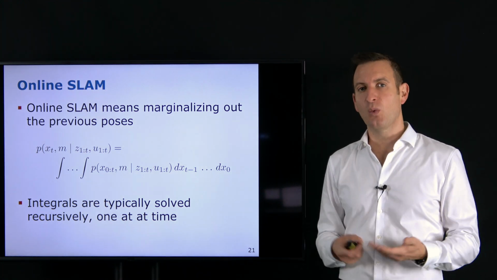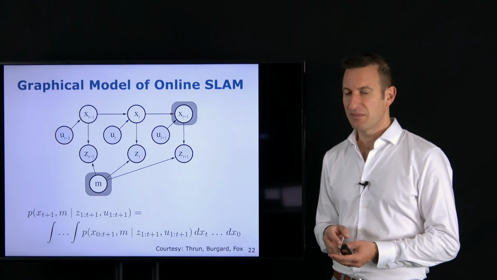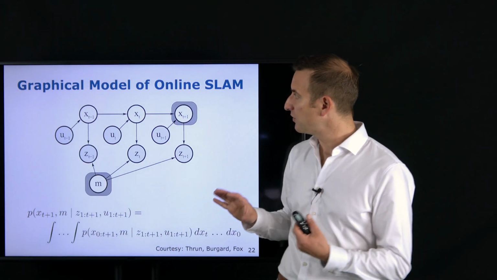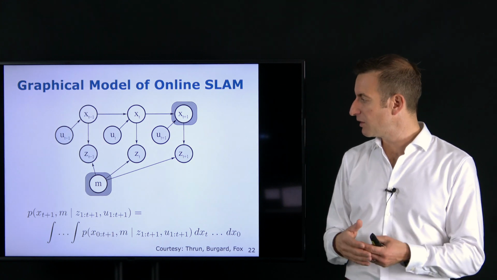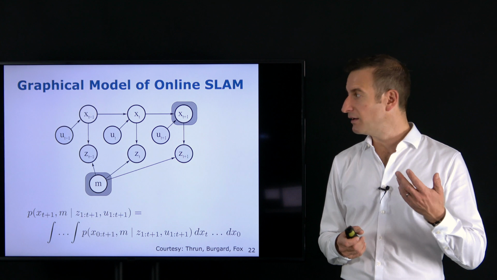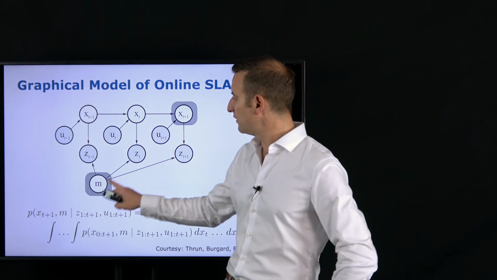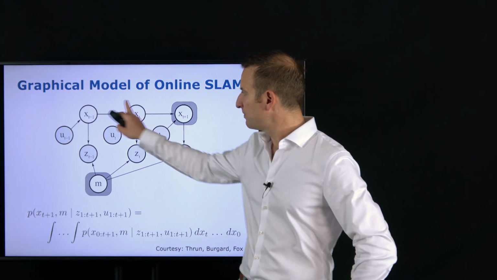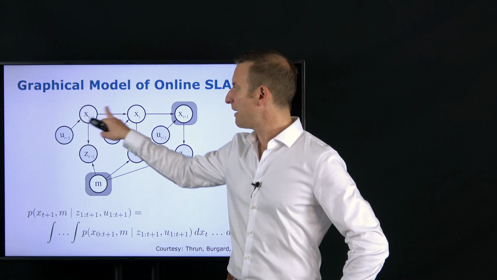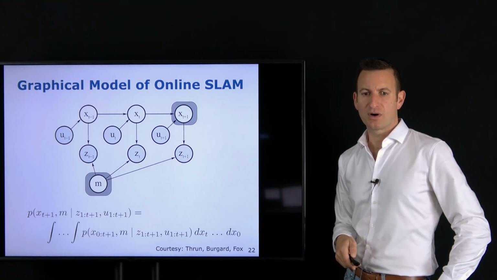That's how we achieve our online SLAM posterior. So if we talk about Bayes filtering, which is the next thing we will be doing here, using a Bayes filter for solving the SLAM problem, then we are typically only interested in estimating the current pose, and we are not updating and not interested in the previous poses anymore.